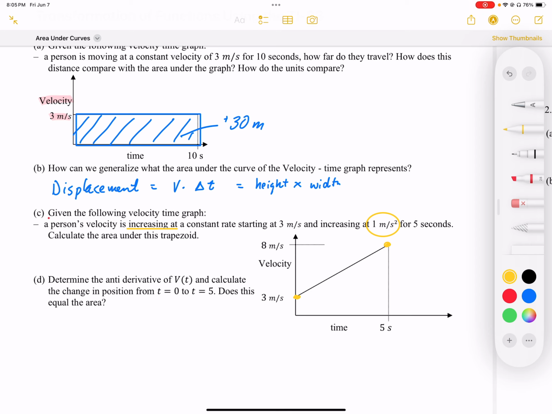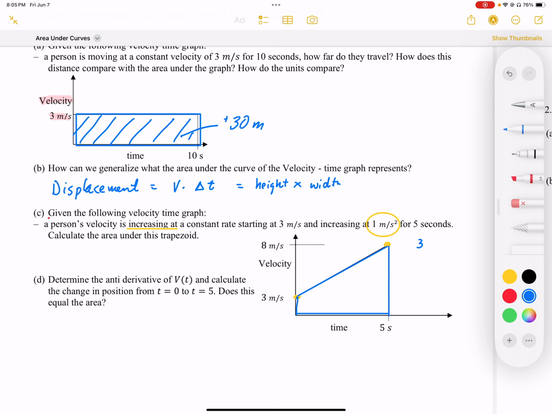Now, we have established that the area under the velocity function is displacement. Even when the area is not a rectangle, we can work out displacement. That's fine because we can work out the area of a trapezoid. So this is still a geometric area that we have a formula for.